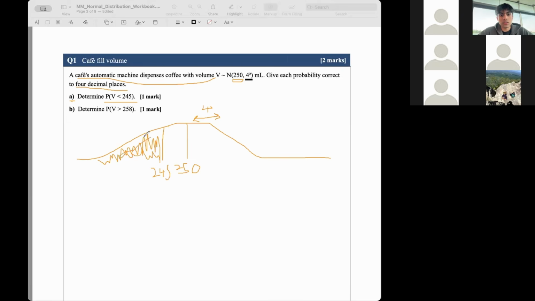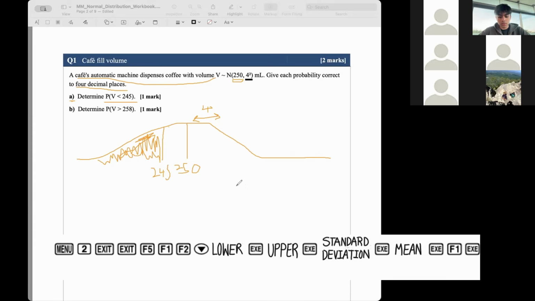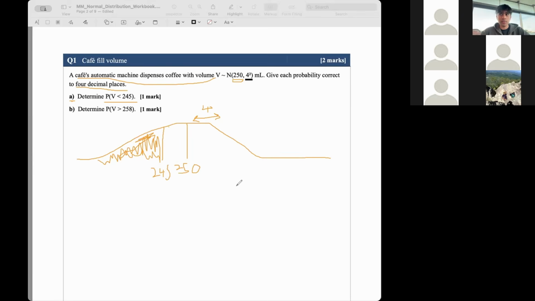This is the part where we need a calculator. If you have the Casio CG, the white calculator that's the standard recommended one, you would go to your menu, click 2 or wherever your statistics is, and then press distribution, normal distribution, NCD.